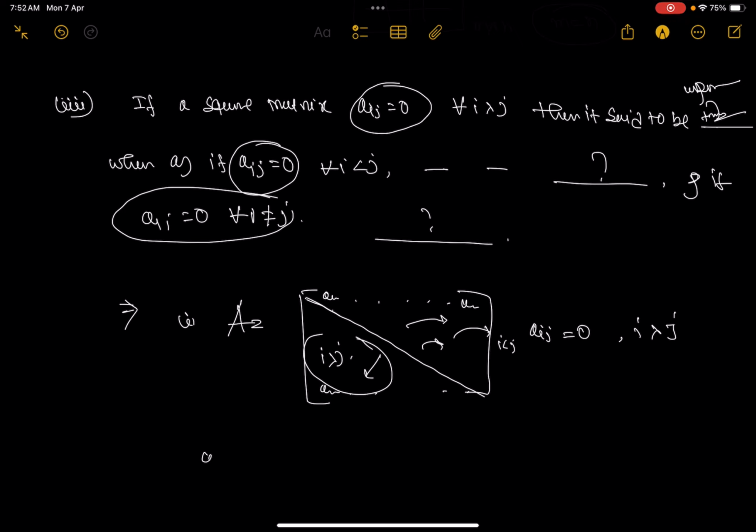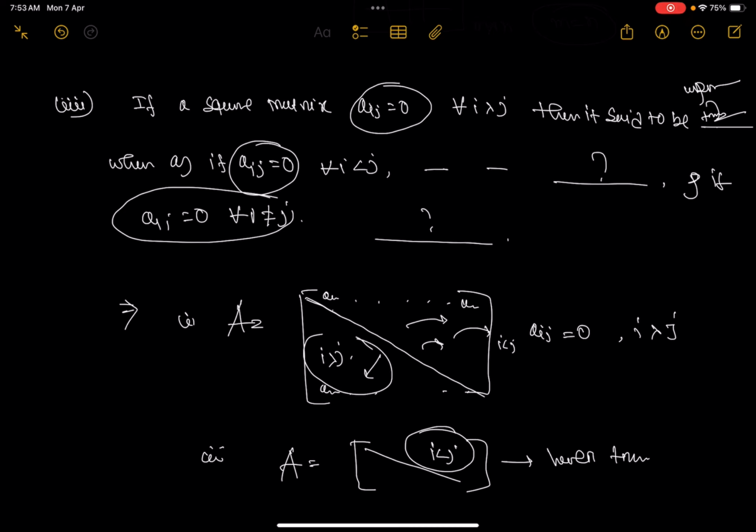For the second condition, A is this matrix. This is the diagonal. This is i less than j, and all these elements are 0. So this is a lower triangular matrix.